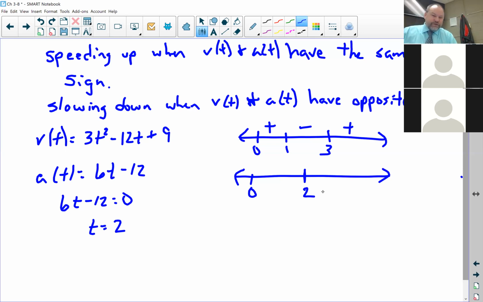And so just like I did with velocity, I'm going to do the same thing with acceleration. Pick a value on the interval from 0 to 2. Like 1. If I plug 1 in for my acceleration, I get a value that is negative. Pick a value greater than 2, like 3. If I plug 3 in, I get a value that is positive.